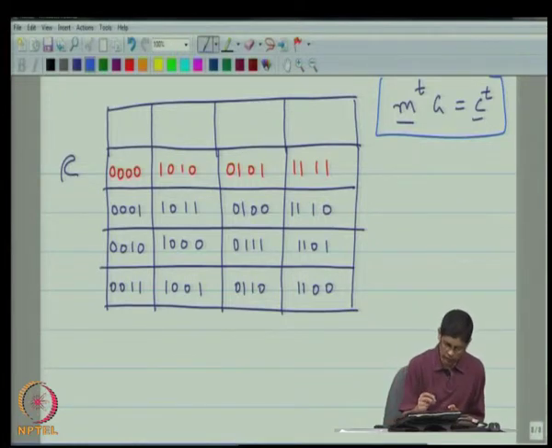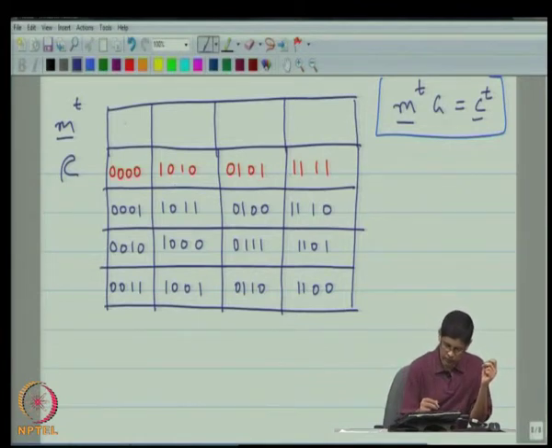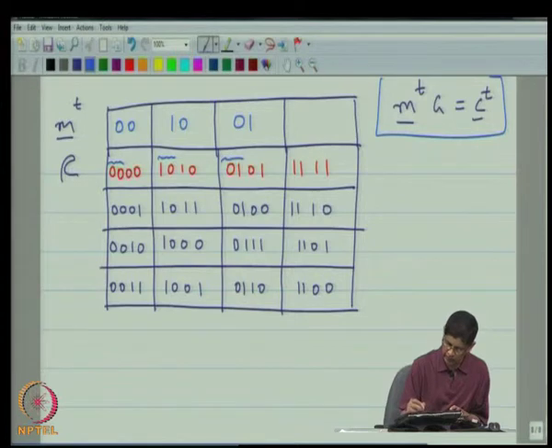So, I want to put down in this table the corresponding message vectors transpose. But this being a systematic code, the message symbols are explicitly present in the code as the first 2 symbols. So, for example, the message symbols here are 0 0, the first 2 symbols, 1 0 from here, 0 1 and 1 1.